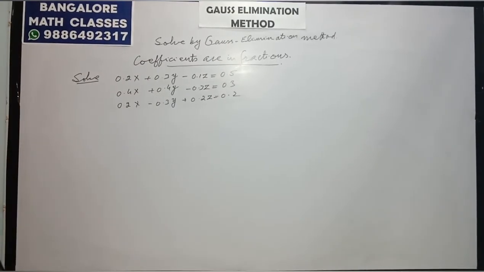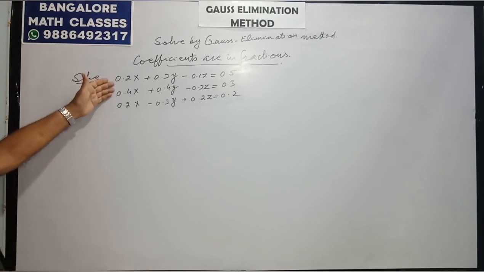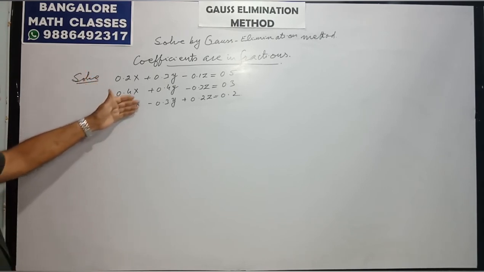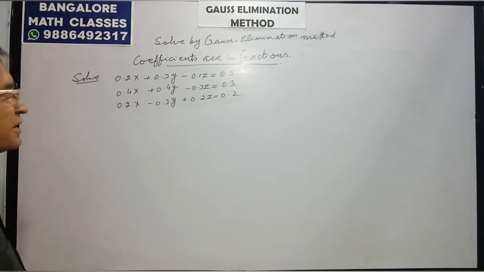Now if the coefficients come in points or in fractions, then it is difficult to operate rows and columns. Then we will do it by making the coefficient of first x1, then the coefficient of y1 and then operate it, like we are doing in 10th standard.